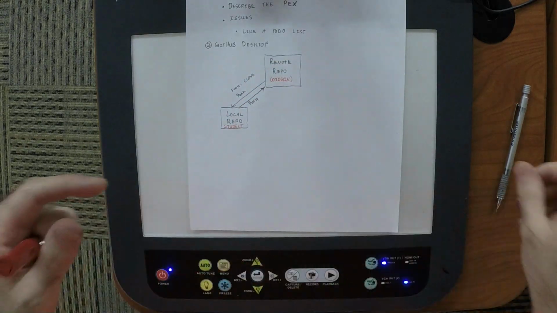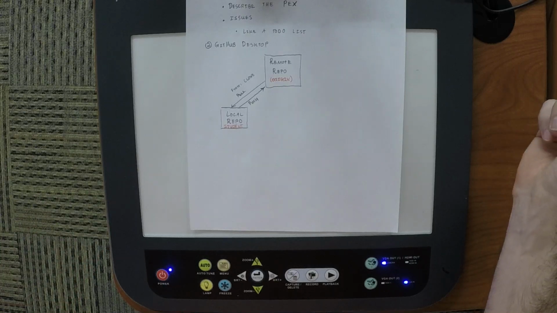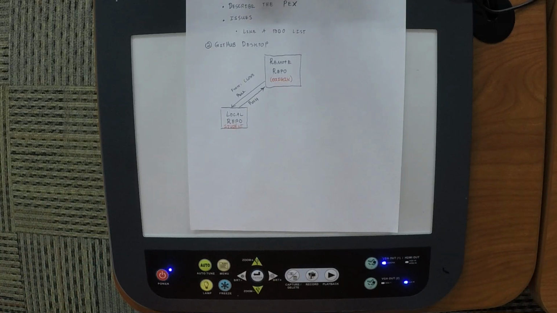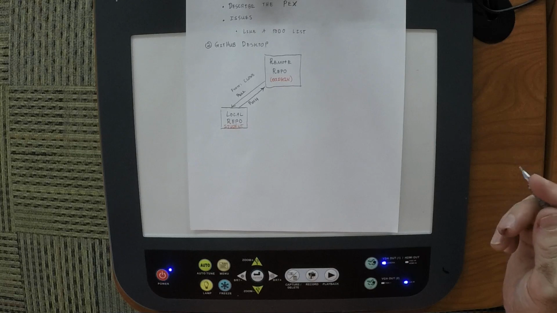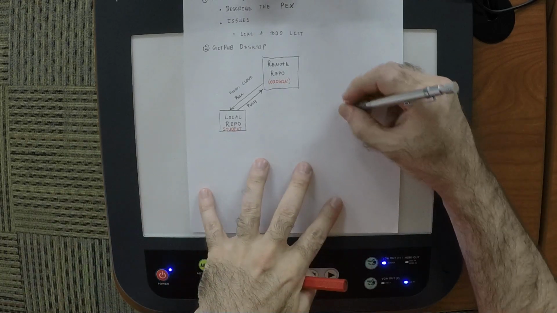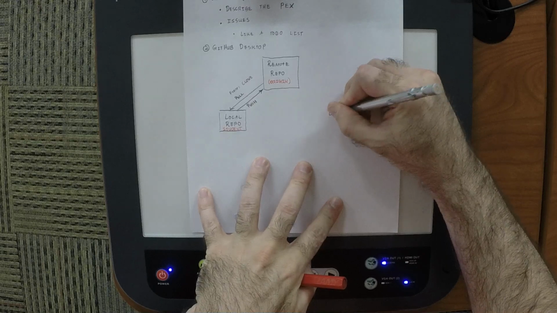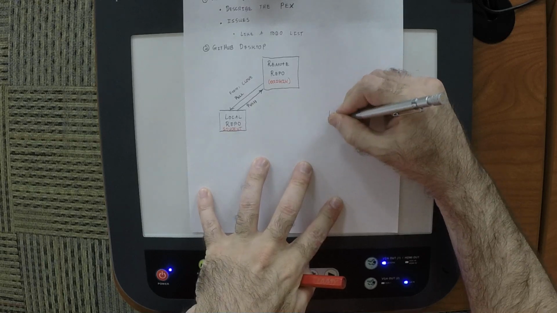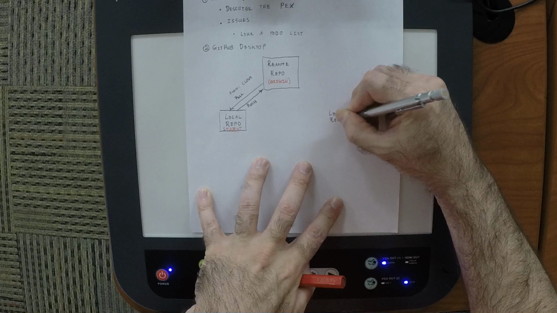Okay. Then after we get out of lab, and when I set aside time to do it, I grade your stuff. So I've got my own local repo, but this one's mine.